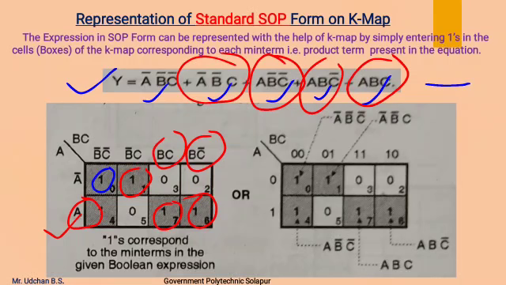This is how we can enter the ones in the cells for each corresponding min term or product term, and for the remaining cells we can simply enter zeros directly to complete the entries of all the boxes of the Kmap.